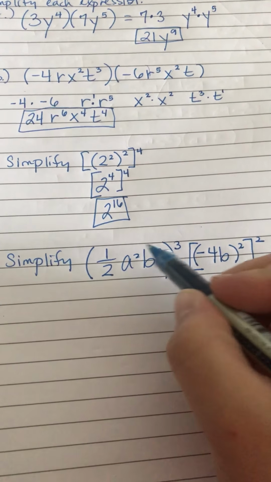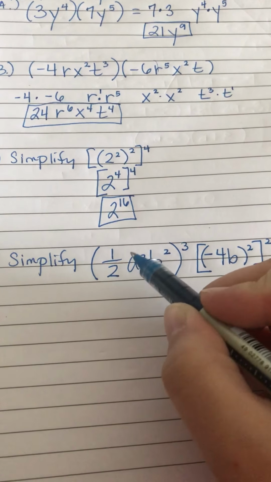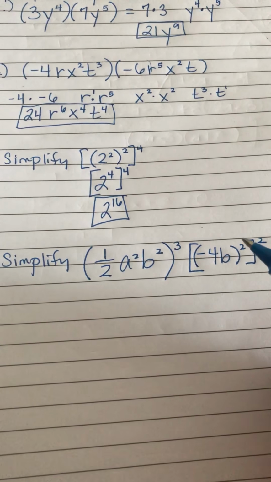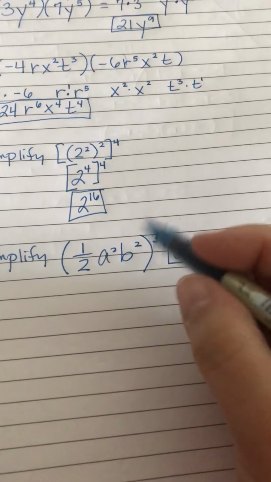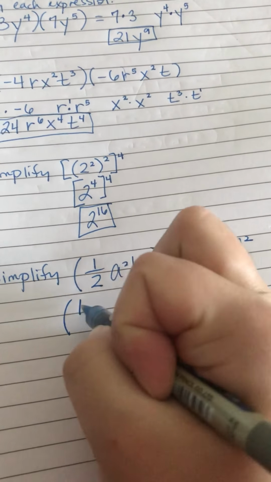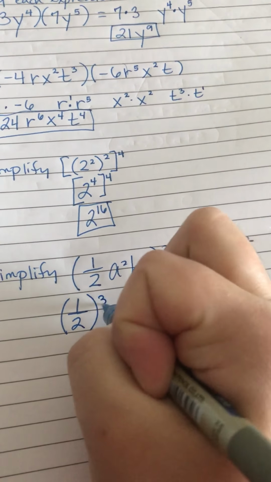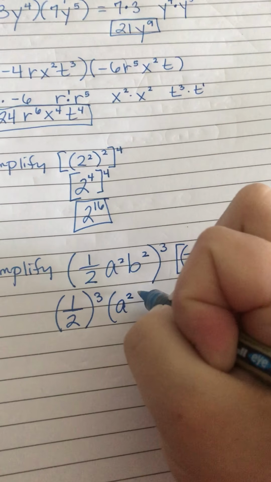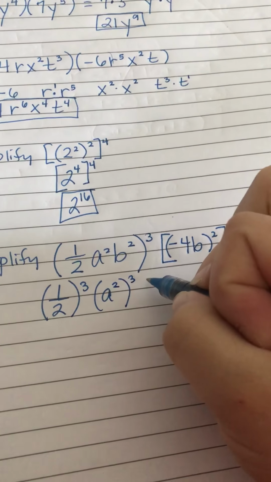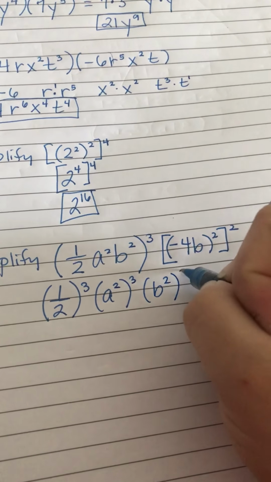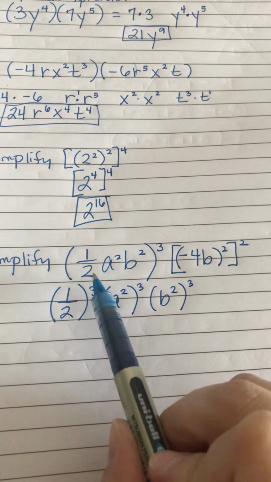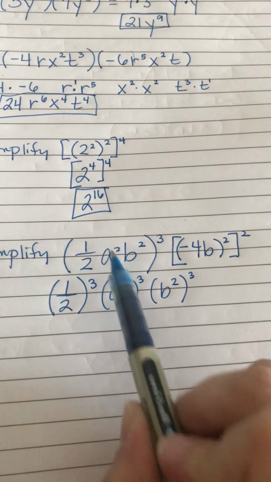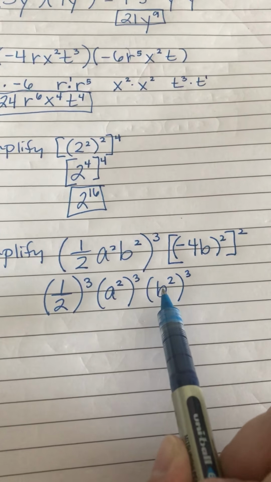Okay, so this means that I have everything that's inside the parentheses multiplied by itself 3 times. So I can take each part or factor inside the parentheses and put it to the third power. I took the 1/2, that's one of the factors. A squared is a factor, and b squared is a factor.